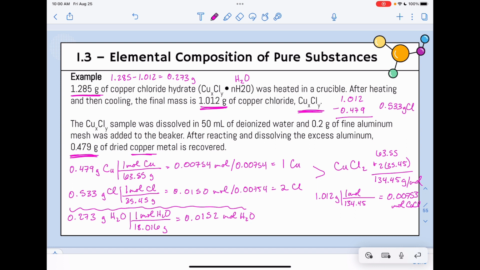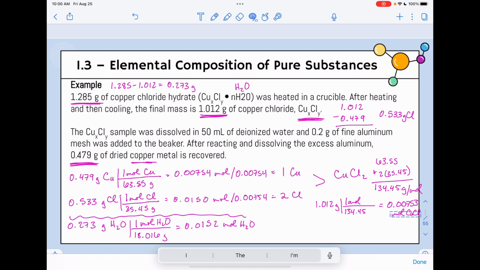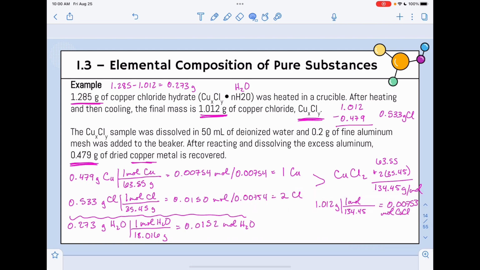Let's move that over just a little bit so that I can write the full CuCl2. Now, I've already determined that I had 0.0152 moles of water driven off. So I'm going to look at the ratio between those two. Actually, I'm going to cheat to save some time, and notice that it's essentially the same ratio that I had when I figured out my CuCl2 formula.